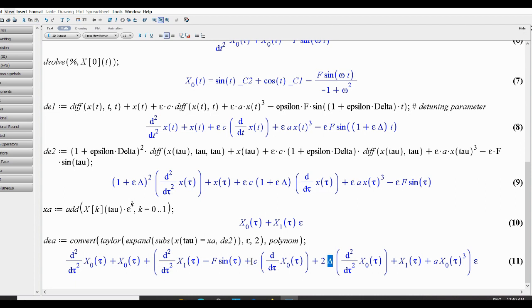Your damping is in here, your nonlinearity is in here, and now it is easy for me to see that the solution for x0 is a sine tau plus b cosine tau, but at this order, at order epsilon to the 0, or at order 1, I am not able to say what is a and what is b.